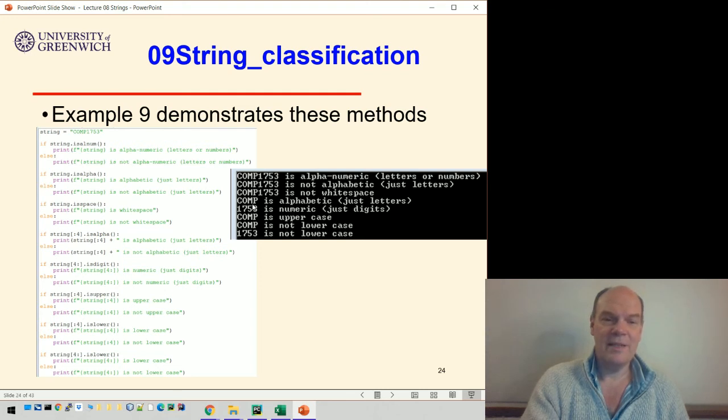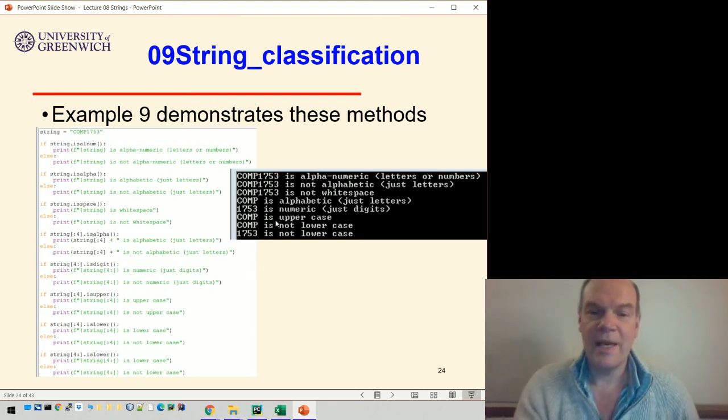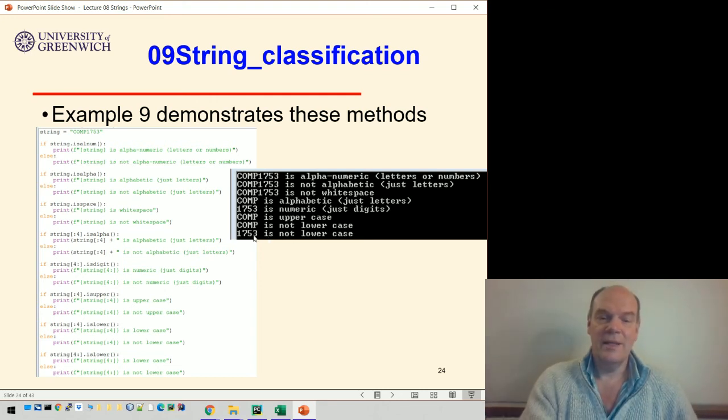But if we take the slice up to 4, so 0 up to 4, that's just COMP, so that is alphabetic. The slice from 4 onwards is numeric, it's just digits, and COMP, again, this slice up to 4 is uppercase and it's not lowercase, and if you look at numbers, it will tell you it's not lowercase.